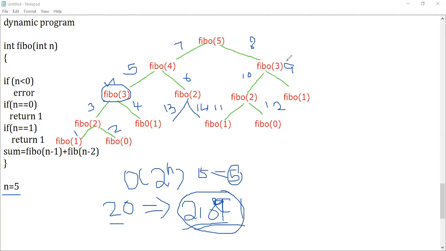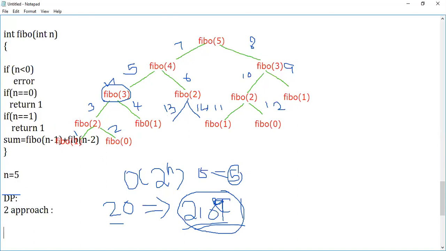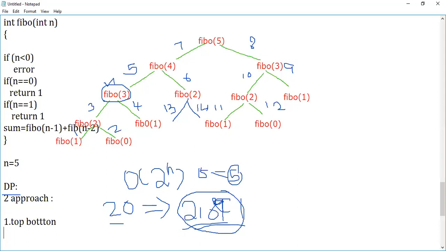If you're going to go with dynamic programming, we have 2 approaches. What are the 2 approaches? The first approach is the top to bottom approach, which is the memoization technique. Here we'll be using this top to bottom approach.